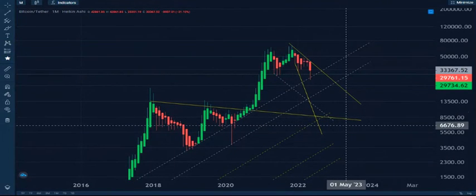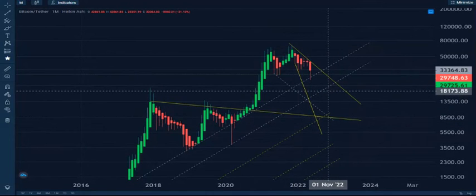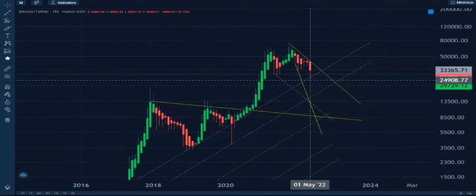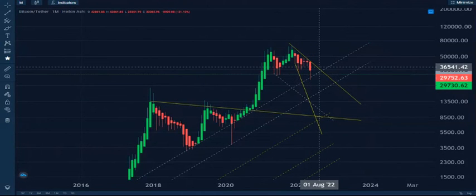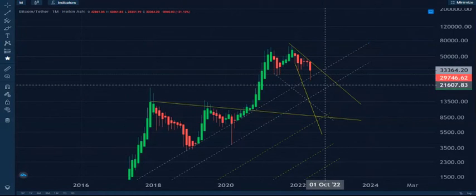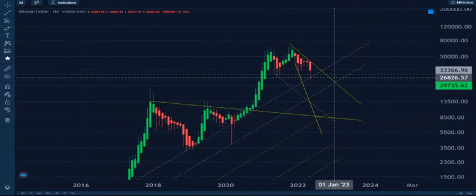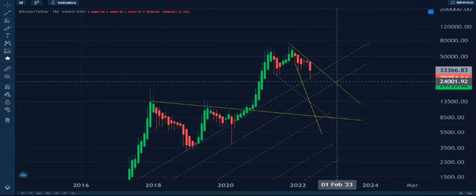Now, I know that's kind of painful to hear, that Bitcoin might come back to these areas, but we have to look at this logically and use the indicators. We know that we have several months to go before we get out of this, so we could certainly sit inside this and then rally up, use this as resistance, support, come down, bounce down, come up, sit up on top, and ride this down and maybe sit here.